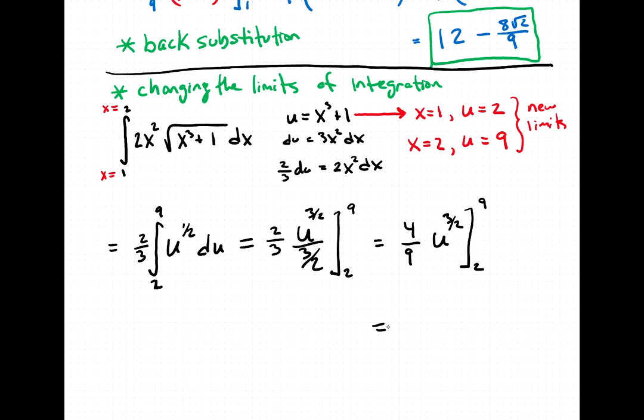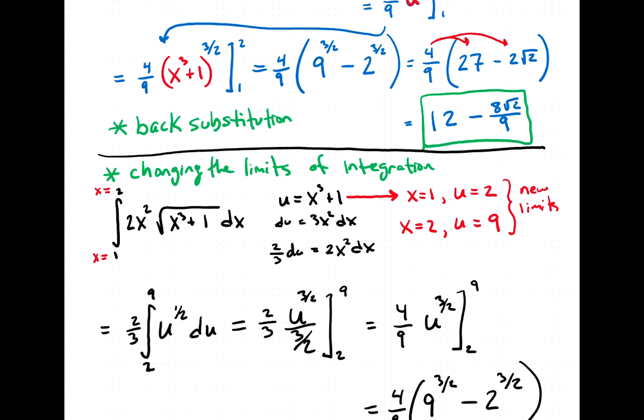With this method, we don't have to replace the u with x cubed plus 1. With changing the limits, it's a permanent substitution. So that's 4 over 9 times 9 to the 3/2 power minus 2 to the 3/2 power, and that's exactly what we had before.